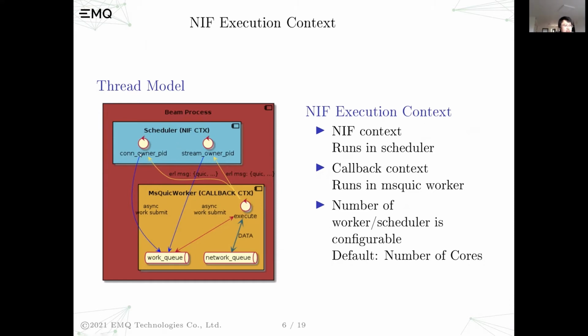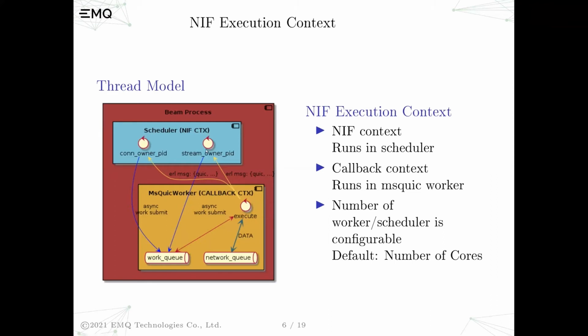You can see the blue arrows. When you are making NIF calls, most of them actually become a task submitted into the worker queue of the MsQuic worker. And they are async work submissions, so the scheduler will not be blocked for a long time. It should be very fast.